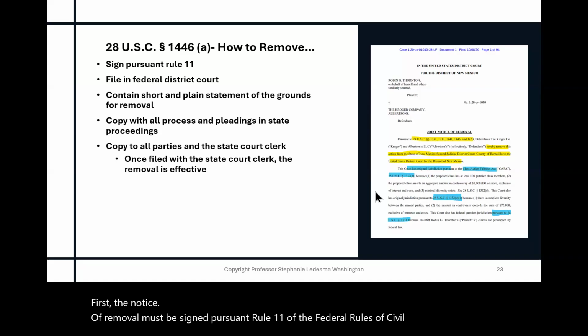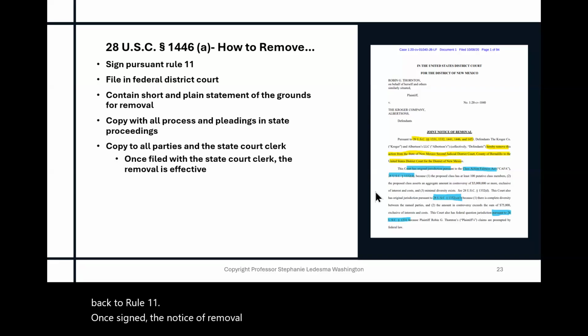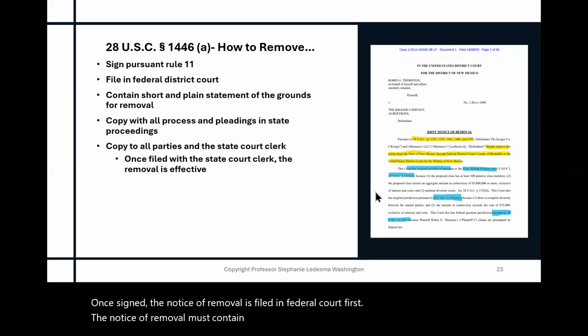We'll come back to Rule 11. Once signed, the notice of removal is filed in federal court first. The notice of removal must contain a short and plain statement of the grounds for the removal.